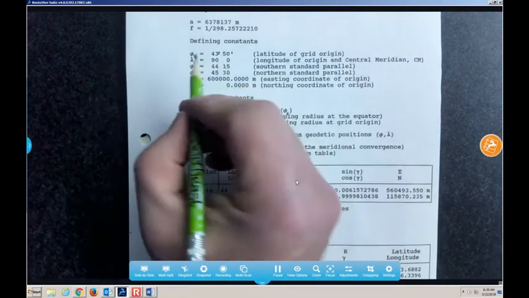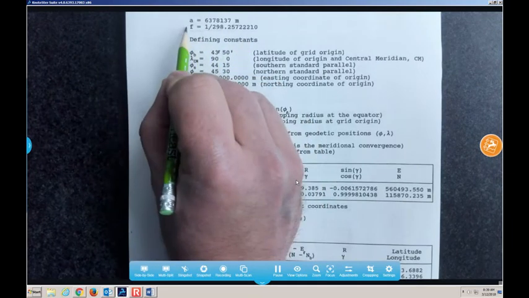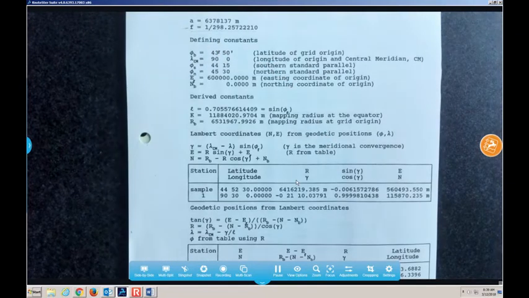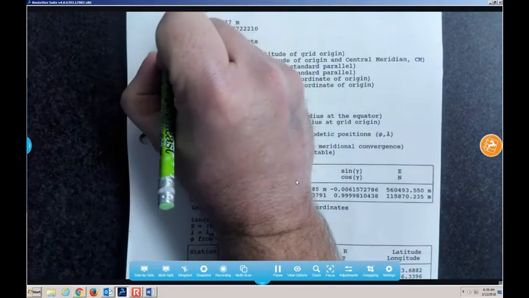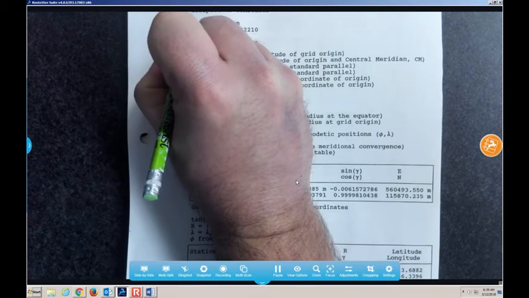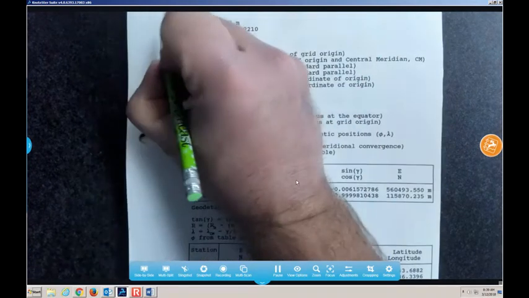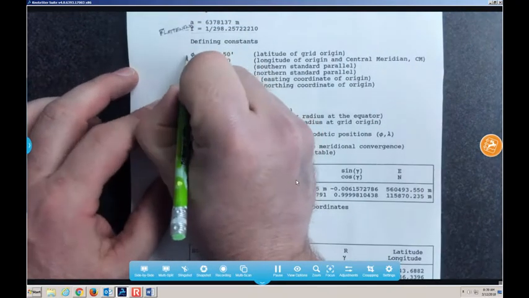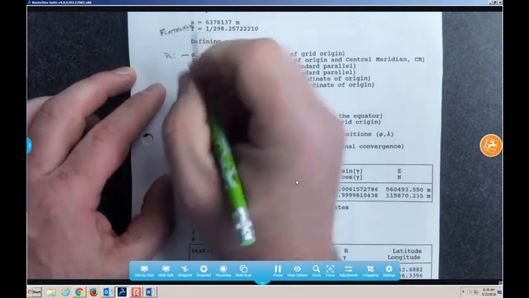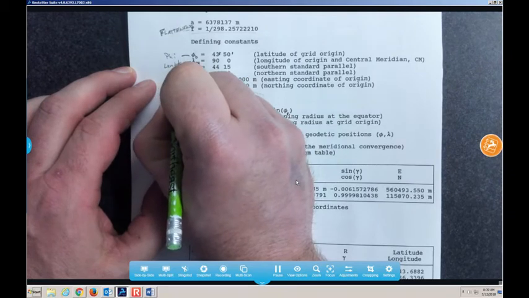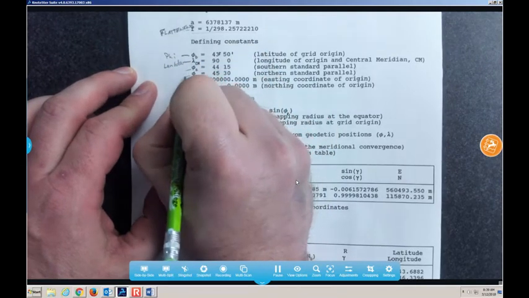This number right here with the F is the flattening. That's the rate of flattening for the grid calculation that we're going to be doing. That's the F. We're going to call this phi, I think that's the Greek letter for that. This one is lambda. And these are each phi.